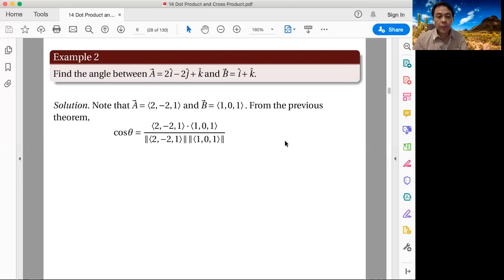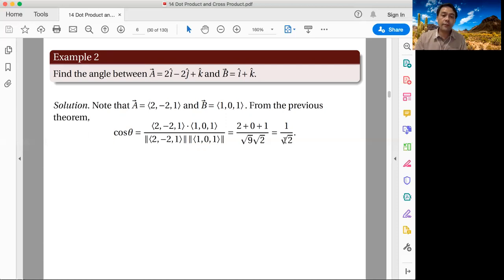So we write the dot product in the numerator and the magnitudes in the denominator, and the dot product is 2 plus 0 plus 1, that would be a 3, and the magnitudes will be the square root of 4 plus 4 plus 1, which is 9, and the square root of 1 plus 1, which is 2. Simplifying, we get 3 over 3 square root of 2, but we can cancel the 3 and we just have 1 over the square root of 2, or that is the same as square root of 2 over 2, which is a special value.